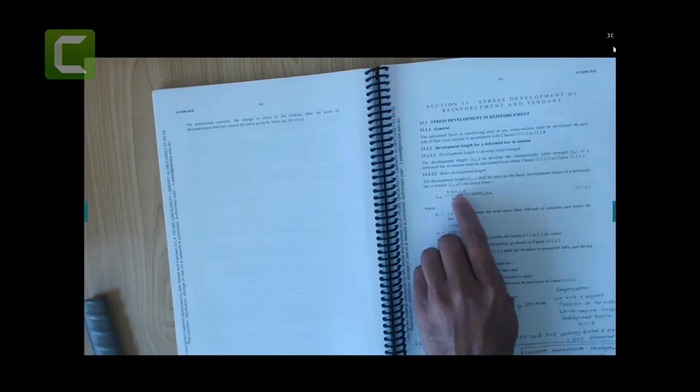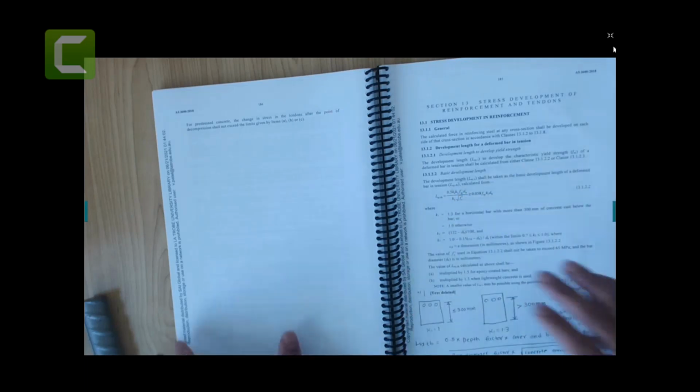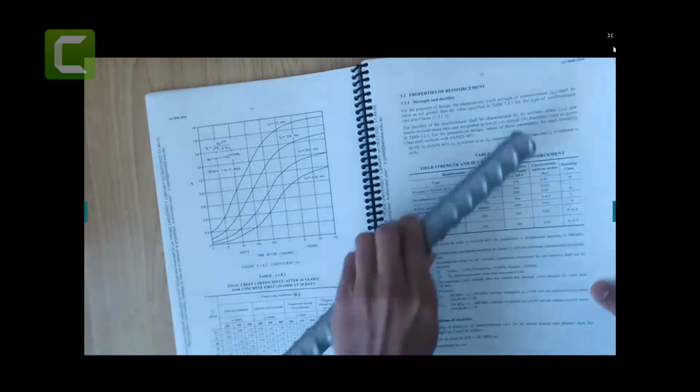So K3, you understand. For fsy, whatever bar you use, you can go back to this table here, the material tables. I think in Section 3, generally we use these deformed bars. Basically this is a deformed bar, with the ribs.